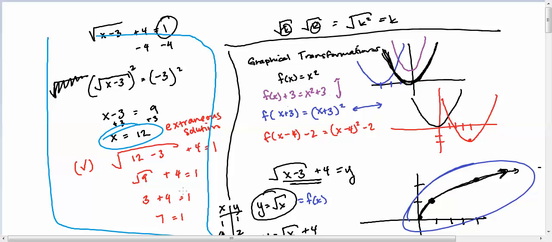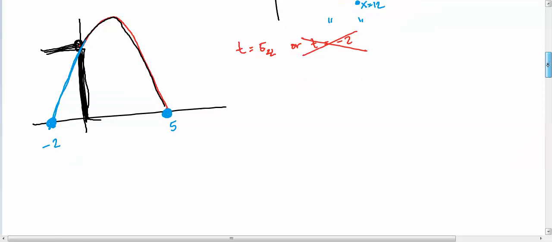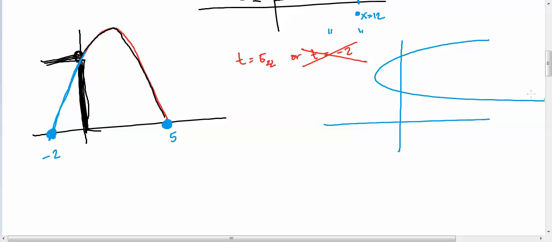But keep in mind that see this graph right here, the graph of a full plus or minus the square root of x, that is not a function. And that's why the real solution only included the top half of that graph.